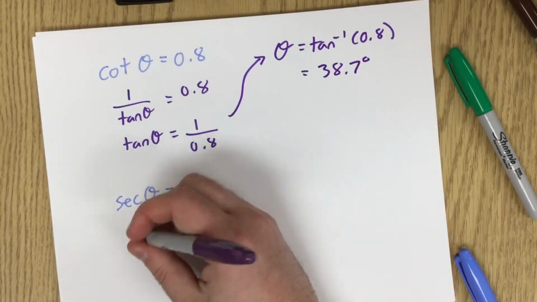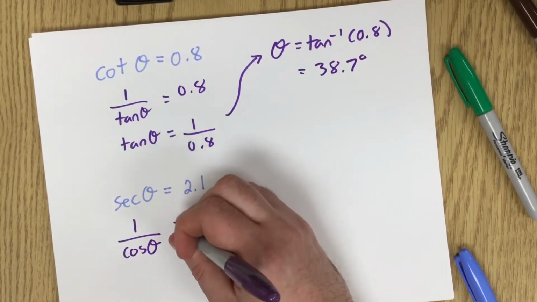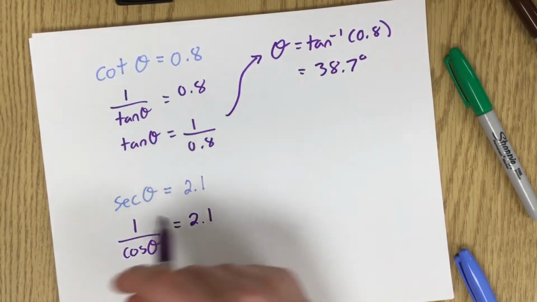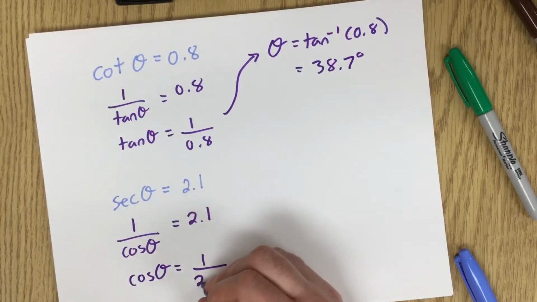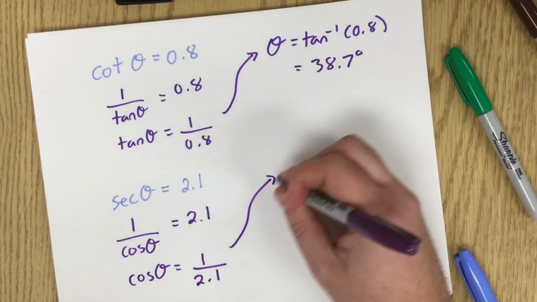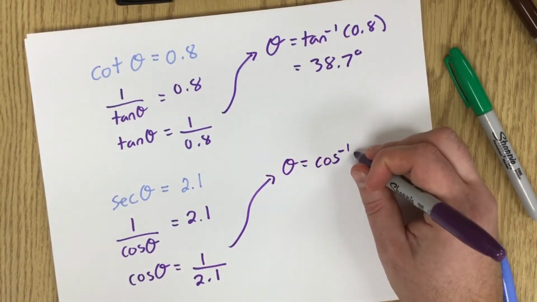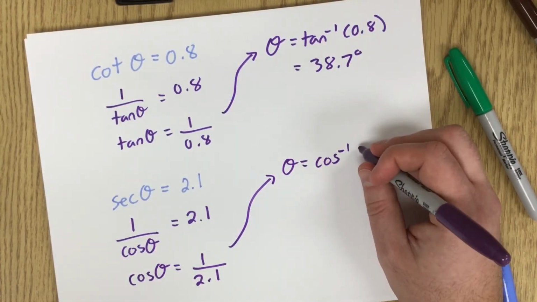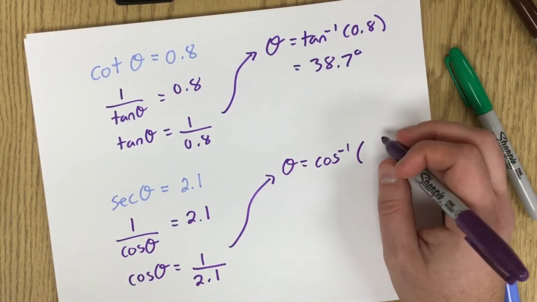Secant is the reciprocal of cosine, so secant is the same thing as 1 over cosine, which means that cosine is 1 over 2.1, and theta equals the inverse cos of, I made a mistake, didn't I?